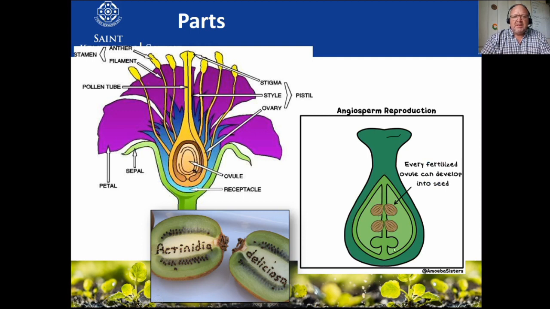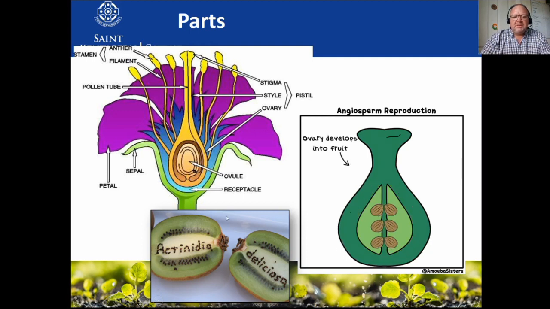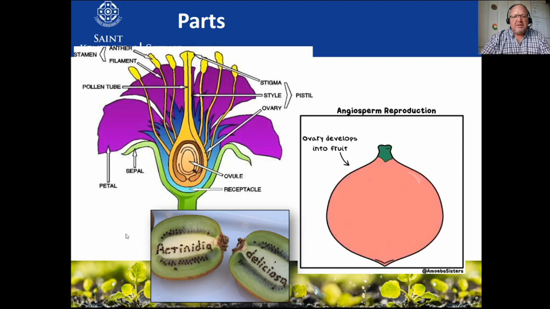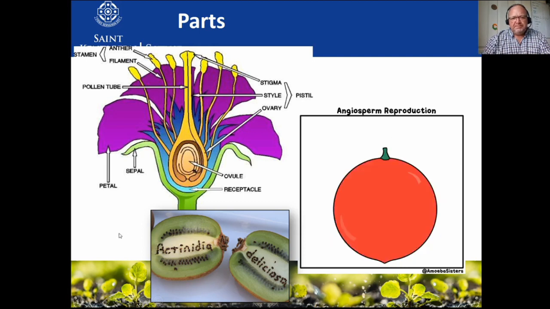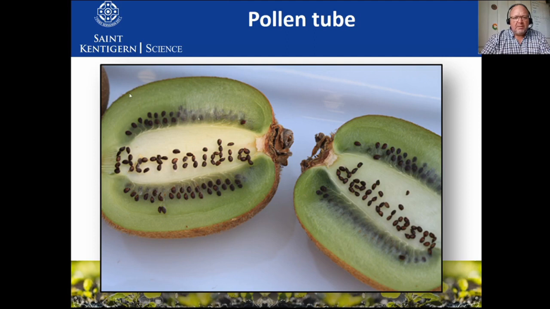Okay, and then we looked at actual pollen tubes in the kiwi fruit right over here, and we could see that these are the remnants of the old flower, and this over here was the ovary, and you can see the pollen tubes coming down there going towards the various seeds to have the seeds germinated.